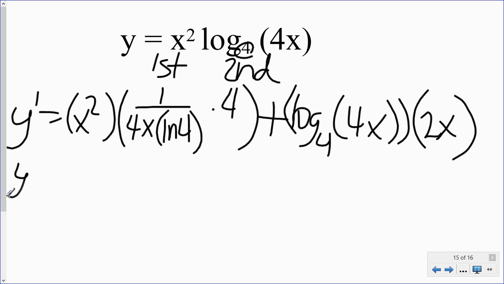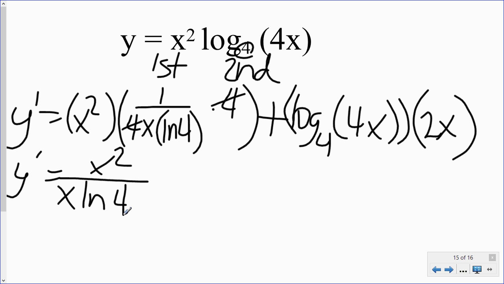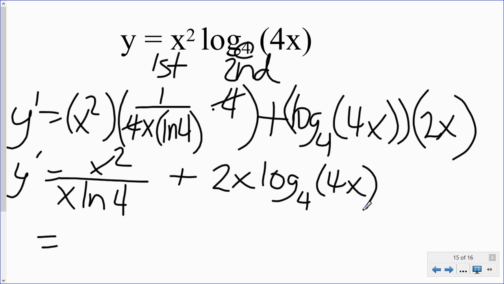All right, so we can do some simplifying. I mean, here the 4's are going to cross reduce. If we multiplied straight across there, we'd have x squared over x natural log of 4. And then the x squared and the x actually will simplify. I'll just do that in another step. Okay, plus over here, I'm just going to put the 2x in front of the logarithm just so we can drop some of those parentheses.